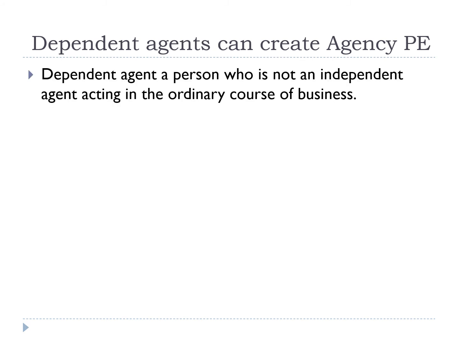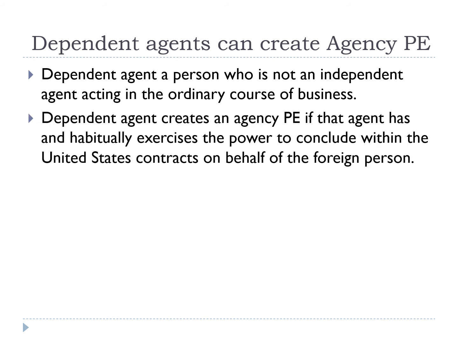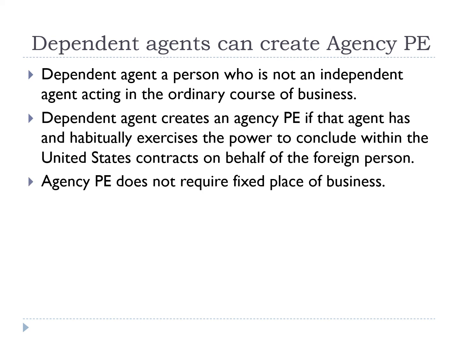In general, a dependent agent is a person who is not an independent agent acting in the ordinary course of business. A dependent agent creates an agency PE if the agent has and habitually exercises within the United States the power to conclude contracts on behalf of the foreign person. An agency PE can exist even if there's no fixed place of business.